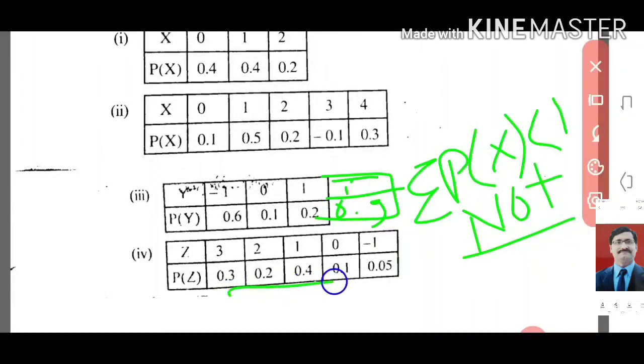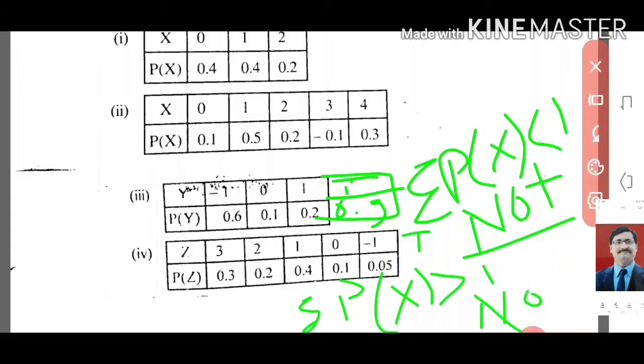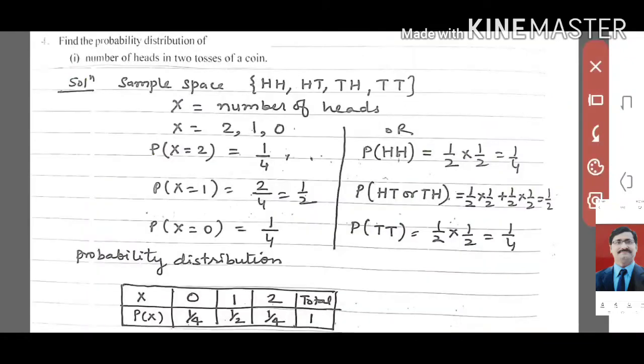Now here, when you add, you will get the summation of px greater than 1. Greater than 1 also means it is not a probability distribution, because the sum should always equal 1. Then only it is a probability distribution. So from these only the first is a probability distribution, the others are not. All of you understand this?